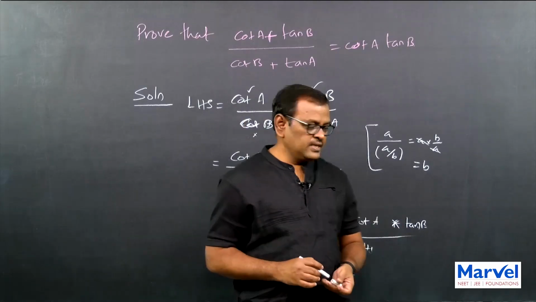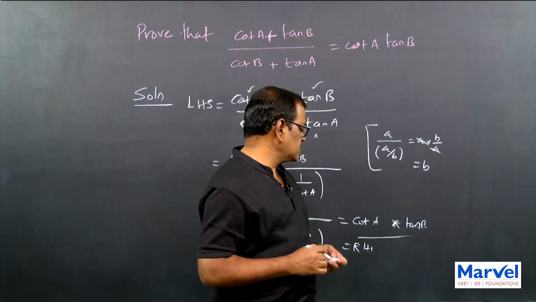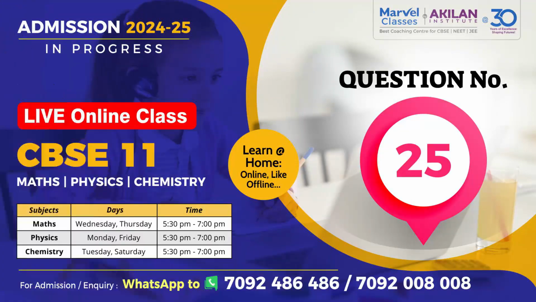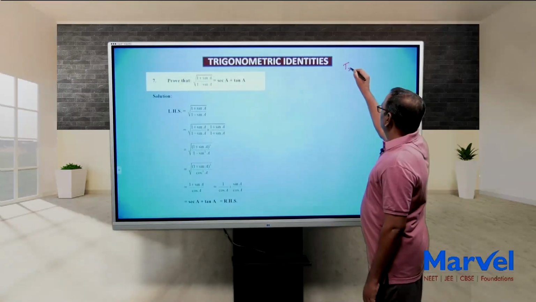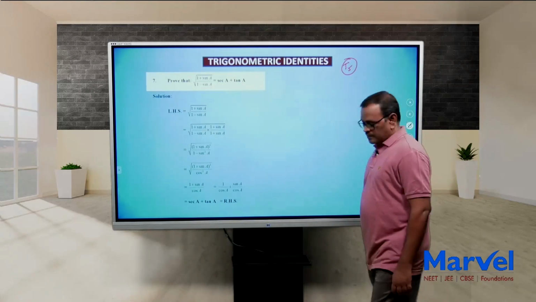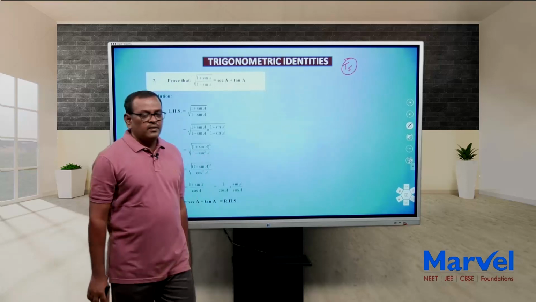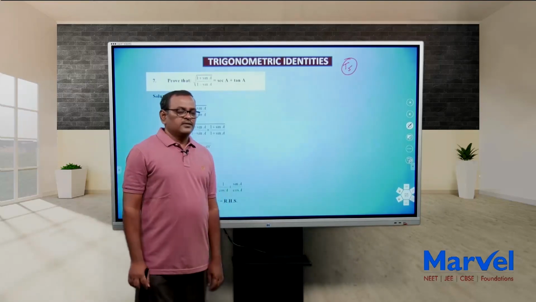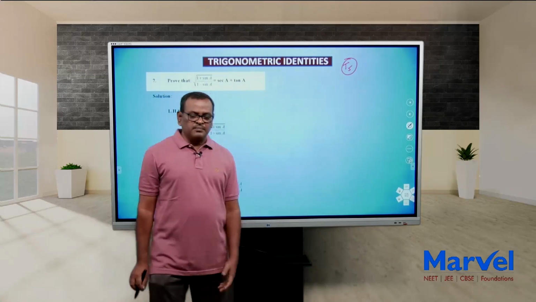Now, we can easily understand this expression, how to prove trigonometric expressions based on the RHS. Type 5: multiply and divide by the conjugate of the denominator. How to decide the conjugate of the denominator? Very simple.